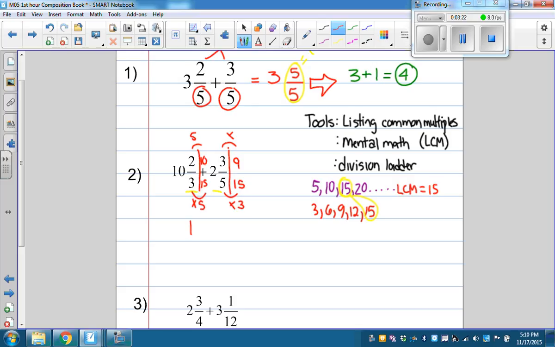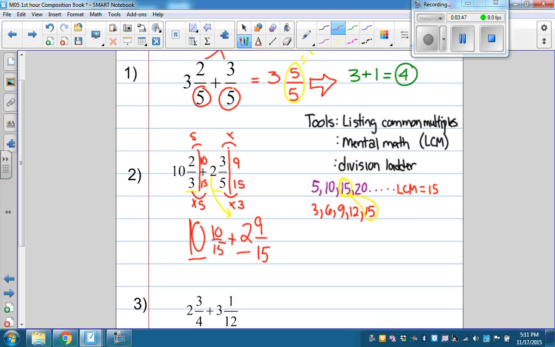And rewrite the problem so it's easy to read. 10, instead of 2/3, you're going to say 10 and 10/15. Plus 2, don't forget about that 2 right there, and instead of 3/5, you're going to say 9/15.